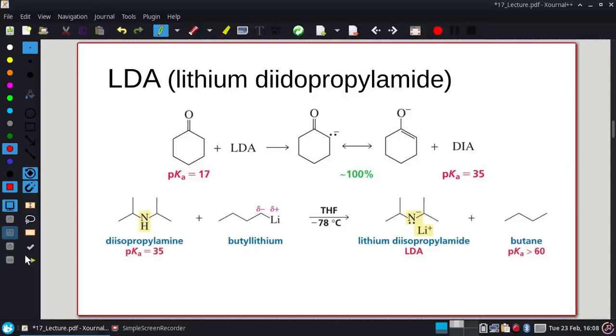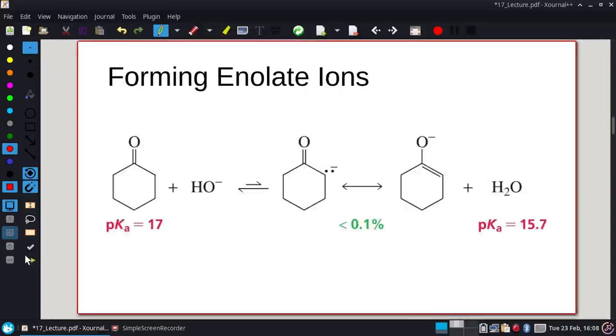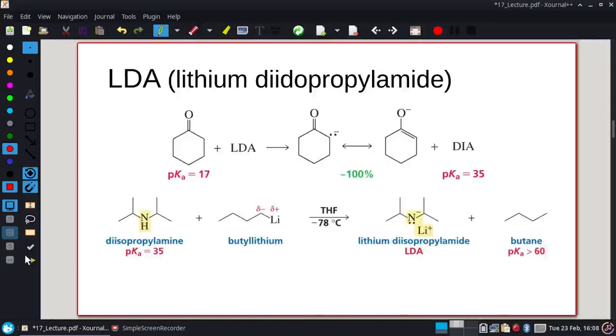The reason this can be easier is that in this process, if we put the wrong nucleophile in there, we might create more and more OHs. So there are times we need that alternative. OH is great, but in situations where we can't use OH, we use LDA, which is lithium diisopropylamide. It basically does the same thing. For a nice one-to-one relationship, you're going to get 100% of the enolate, and then DIA, which is diisopropylamine.